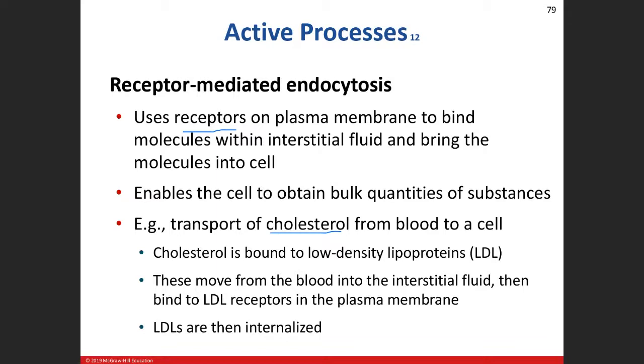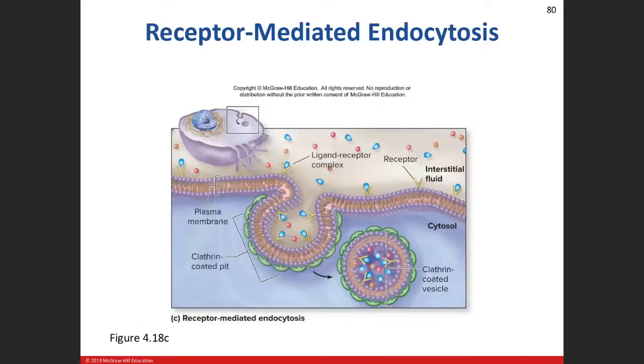It helps increase the integrity of the plasma membrane. So maybe we need to do that to repair a cell or just make a cell more hardy. So what will happen is we have these receptors on the outside of the cell. These LDLs come floating by, they make contact with the receptor, and then the cell will internalize or draw in that molecule. So I'll show you a nice picture of that.